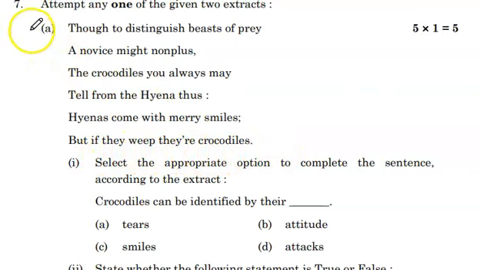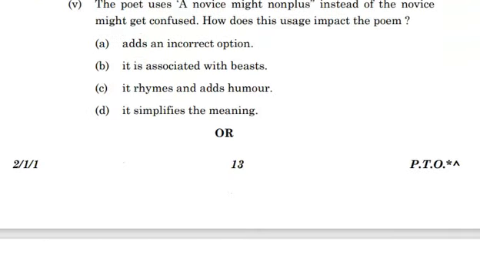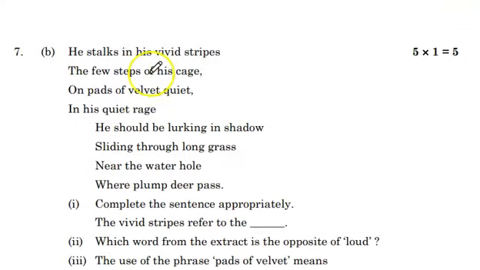So this extract has been taken from the poem How to Tell Wild Animals. And what about the next one? Let us see the second one. "He stalks in his vivid stripes the few steps of his cage on pads of velvet quiet, in his quiet rage.